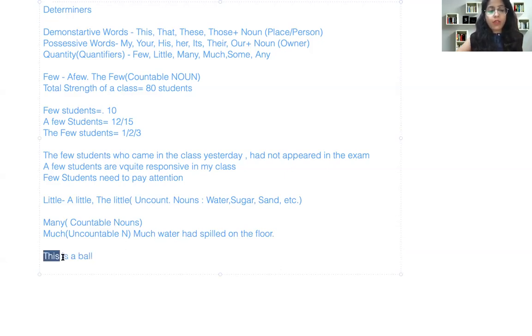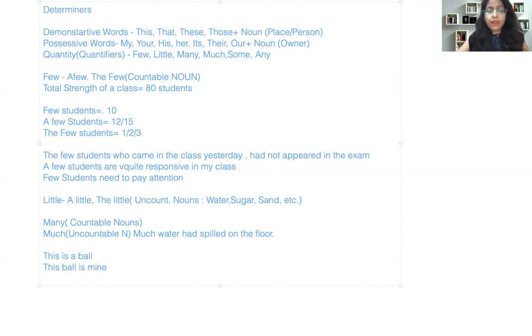It's a pronoun because it is followed by is. But if we say this ball is mine, then this is a determiner. That's how you have to differentiate between a pronoun and a determiner.